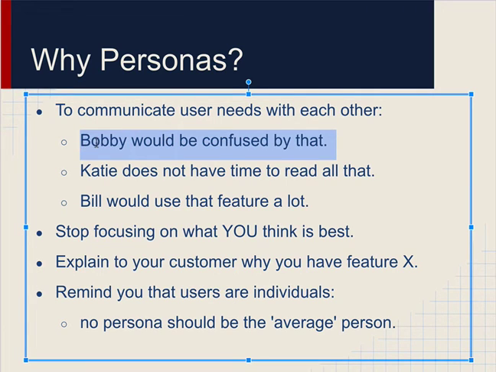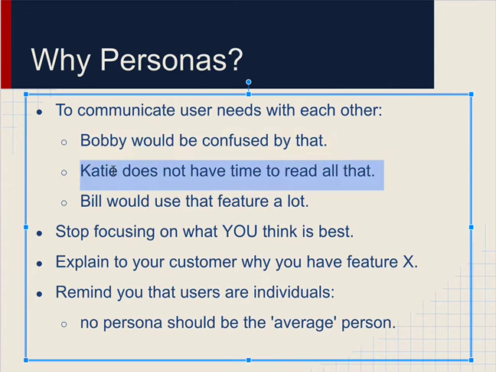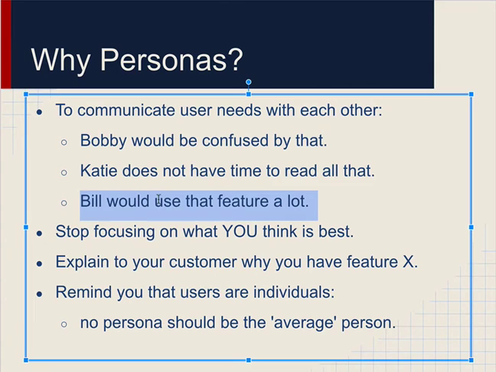Bobby being one of your personas, and maybe Bobby is not that good with computers, so he has no idea what Google Drive is or how it works. So that's the kind of thing you do. Katie is too busy to read all that, and Bill will use that feature a lot. These are some of the things you might say once you have the personas. So they really help you focus, think about real users who are not you, right?